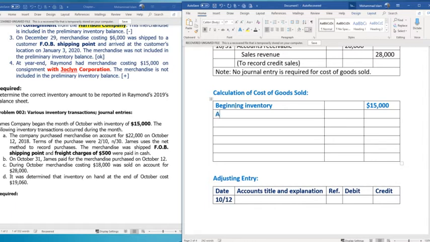Then we'll be adding purchases, 21,560, which we have recorded, plus freight in, because freight in is part of purchases.